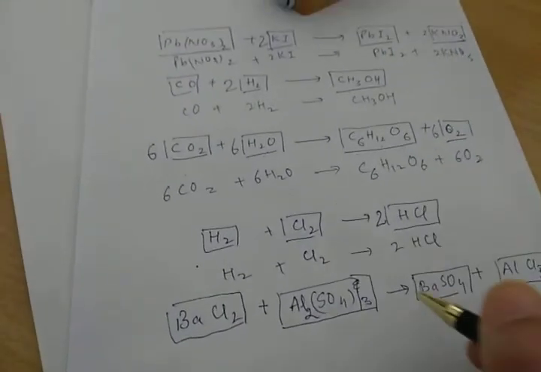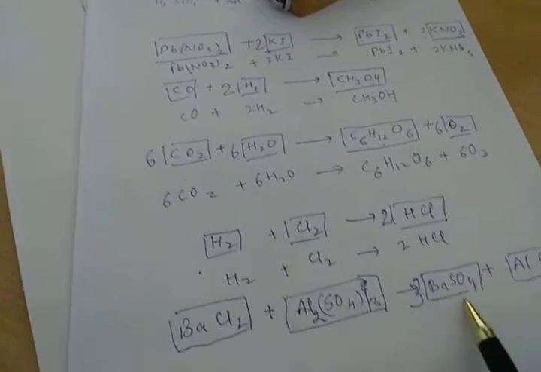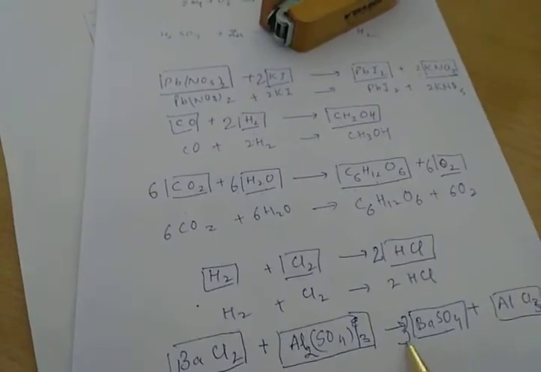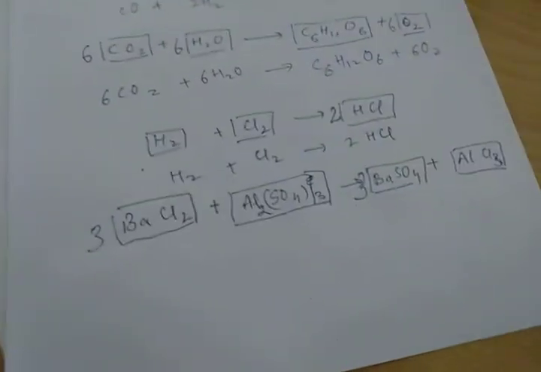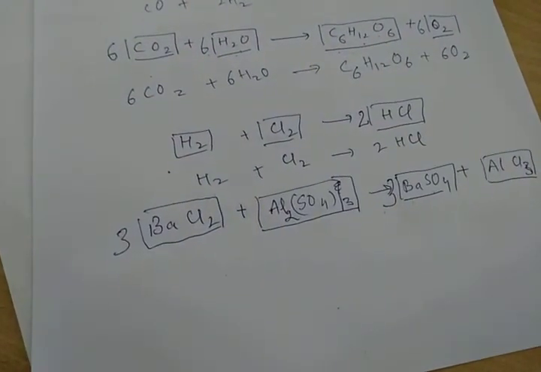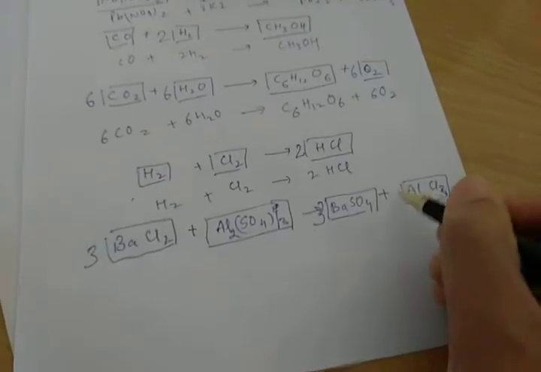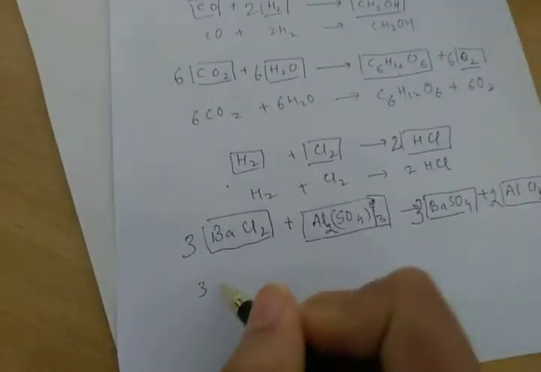So barium sulfate should be 3. Now sulfate becomes 3, both left and right side. Now barium becomes 3, so on the left side multiply BaCl2 with 3. Now chlorine becomes 6, but on the right side there are only 3. And aluminium on the left side is only 2. So on the right side we multiply this AlCl3 with 2. Now the reaction is balanced.